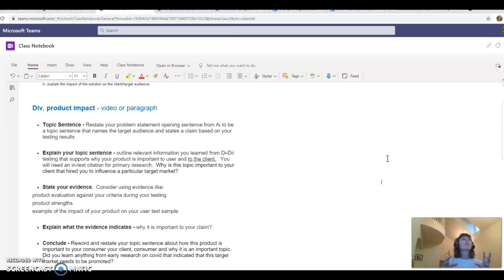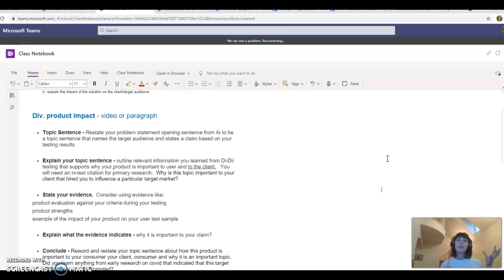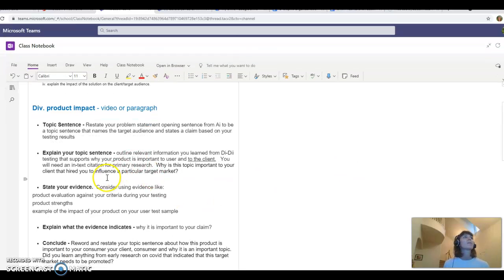So you're going to explain your topic sentence and support why this product is important to both your user as well as your client. Remember, in the topic sentence, you named just your user. Now you're naming both. You will need an in-text citation for primary research you did.